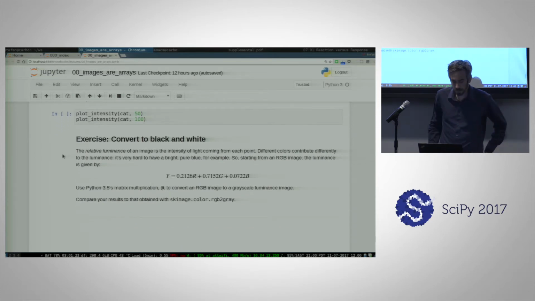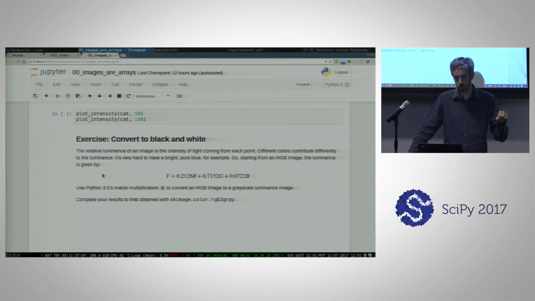And the third exercise there, if you have time, is a one-liner just to convert an image from color to gray, so from RGB to gray. So commonly, it is thought that you can do that by just averaging your red, green, and blue channels, but because luminance depends differently on the different color components, you actually need to weigh them.